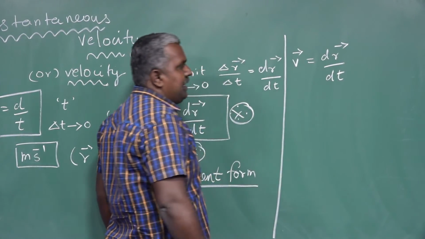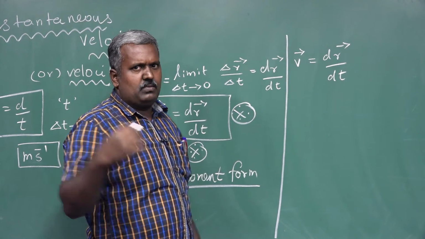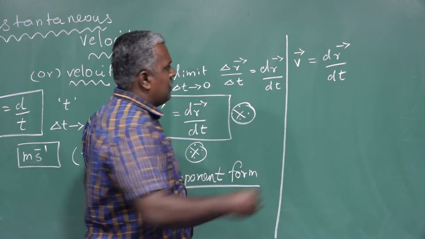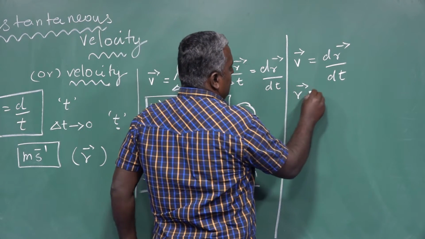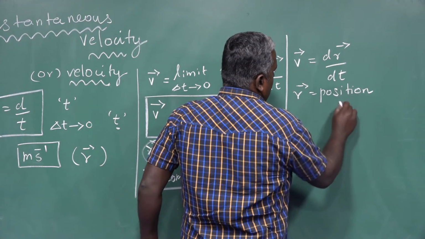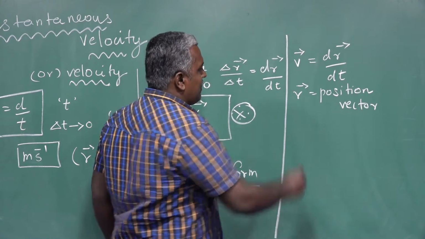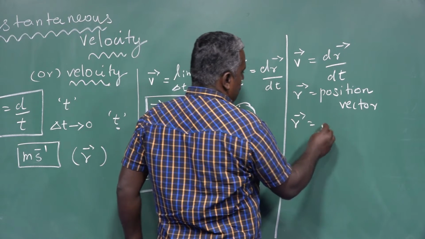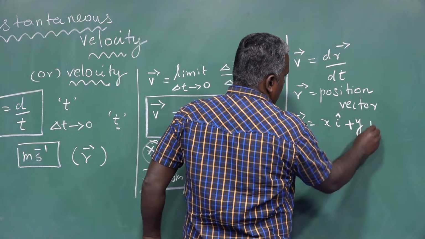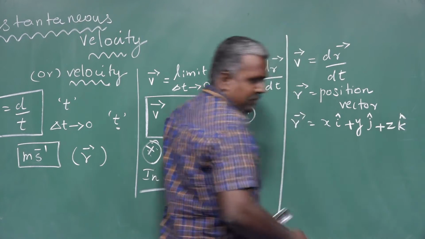Here r vector, as I told you just now, is the position vector. It is equal to x i cap plus y j cap plus z k cap.